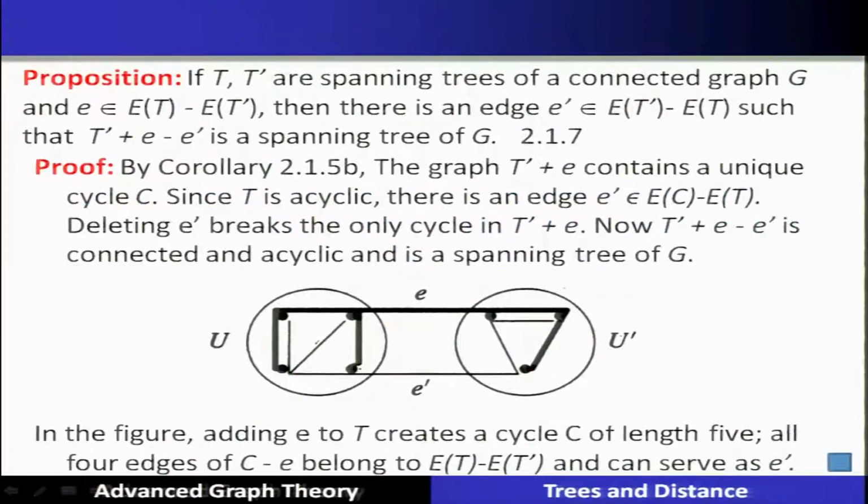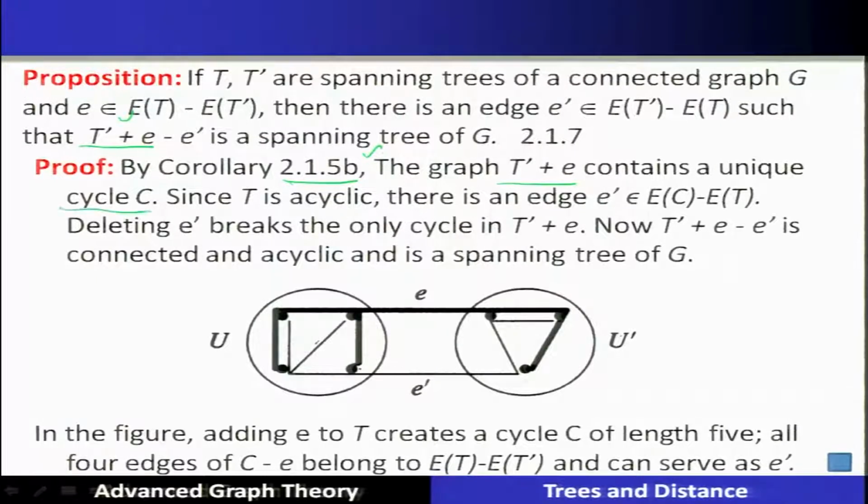Another proposition says that if T and T prime are spanning trees of a connected graph and E is an edge which is in T but not in T prime, then there is an edge E prime which is in T prime but not in T, such that if in T prime we add an edge and then remove an edge, it will become a spanning tree. If you add an edge to T prime, it will create a cycle, as we have seen in the previous corollary, that in a tree adding an edge results in exactly one cycle.